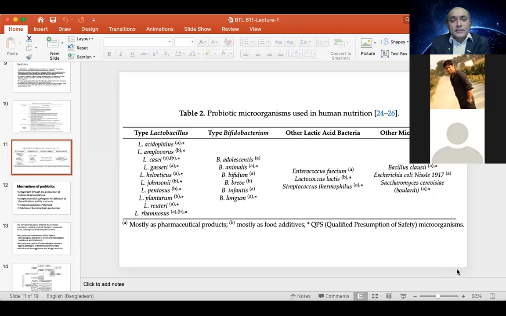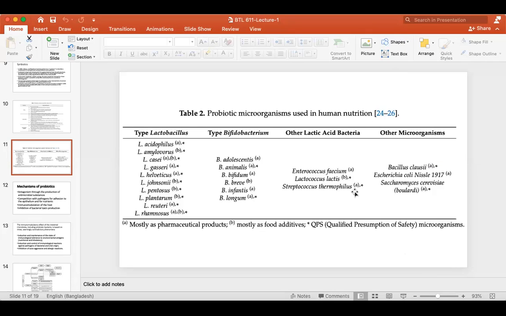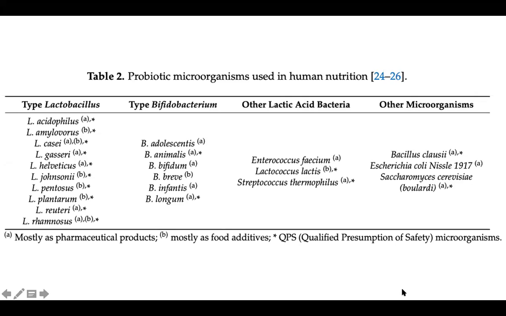Some of the lecture slides. Yes. So in our previous lecture, we showed that probiotic microorganisms, this is a table showing the probiotic microorganisms used in human nutrition. They are mostly lots of Lactobacillus strains, Bifidobacterium, but other lactic acid bacteria also there.